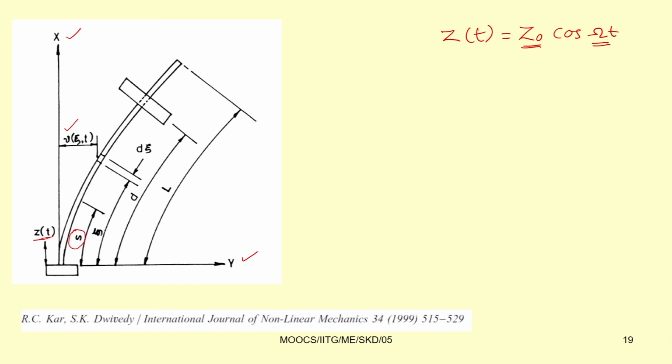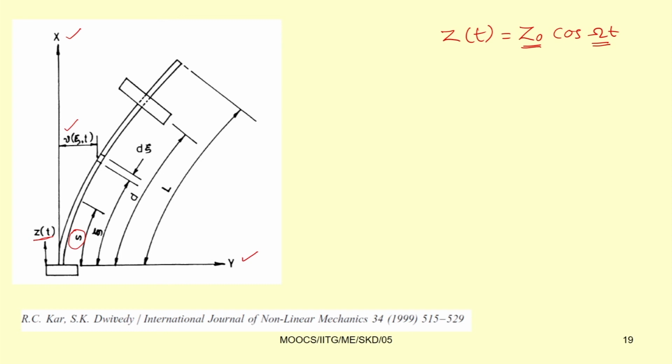The acceleration of this element we can take in two directions. In the u direction, that is along the axial direction, the acceleration will be u double dot, and in the transverse direction the acceleration will be v double dot.